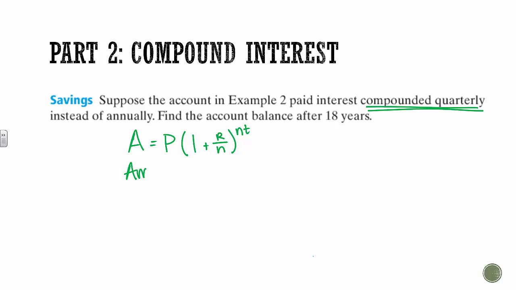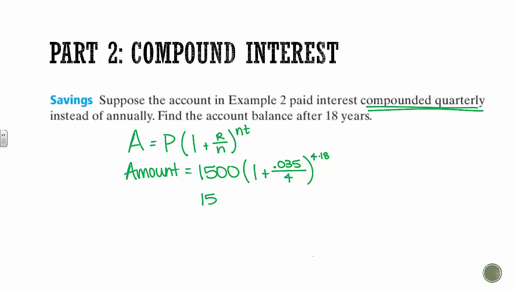So the amount that we're going to walk away with is our principal, what we start with, the 1,500, times 1 plus, it's still the same rate of 3.5%, but this time they're not going to give you 3.5% 4 times a year, because that would be 14%. They're going to give you 1/4 of it every time. And then instead of just doing it 18 times, they're going to do it 4 times a year for 18 years. So then we need to do some simplifying.